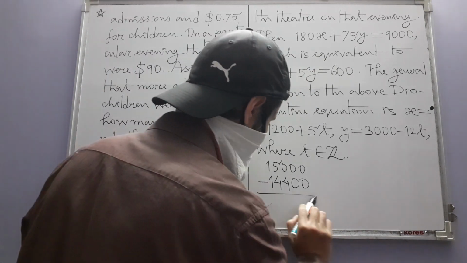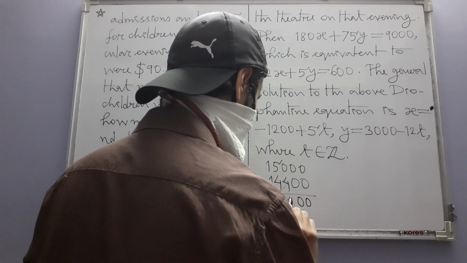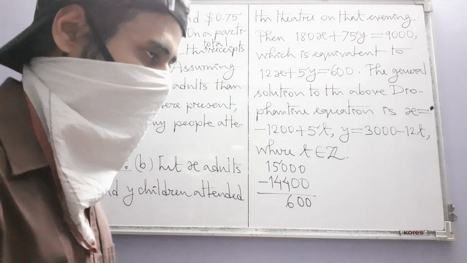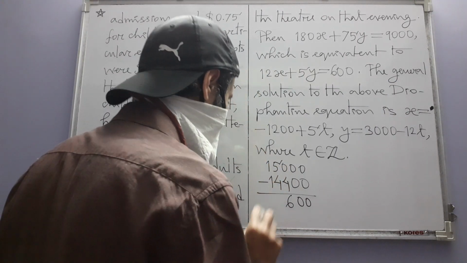Now if you do the calculation, then what will you get? Yes, we are getting 600, fine. That was just simply a matter of writing the wrong number. Okay, now there is no problem. The solution is correct.